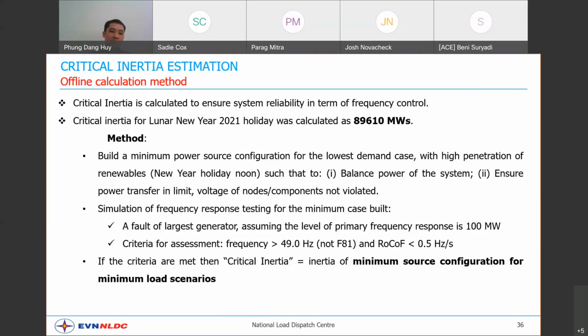After that, we do a simulation test for that configuration. We simulate a generator fault, and whenever the frequency after the fault is above 49 Hz, which doesn't cause load shedding, and the rate of change of frequency is less than 0.5 Hz per second, then we determine that is our minimum inertia for system operation. And the result that we have is nearly 90,000 megawatt seconds. Next slide, please.